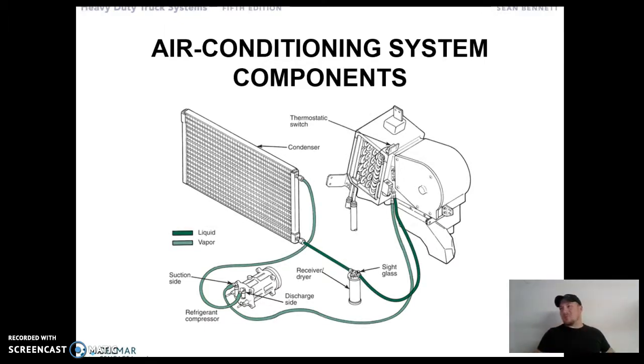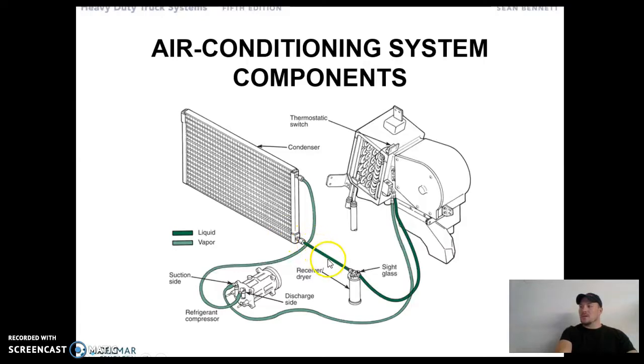Here's an example of what the components look like once again with the states of change. Here's our compressor right here. We've got our discharge side, so the high pressure side, going through our condenser. We're going to have our state of change through the condenser.